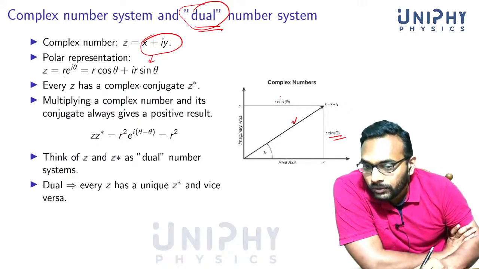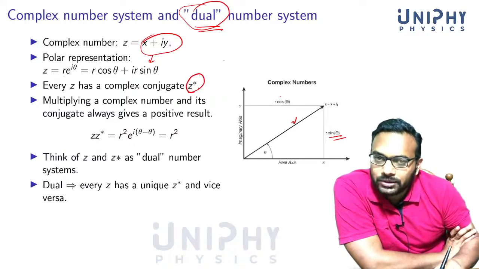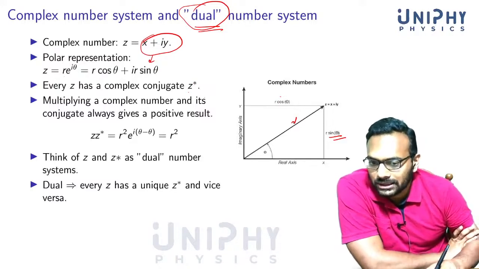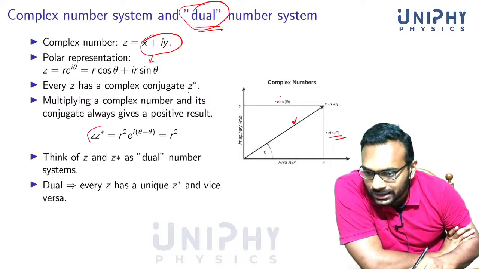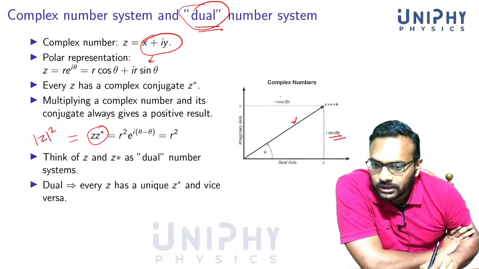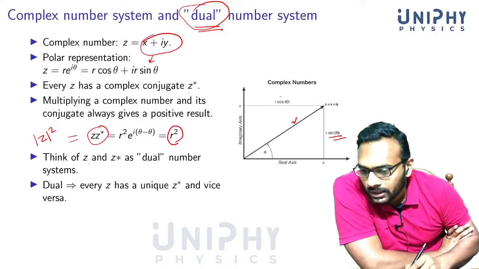Now every complex number z has a complex conjugate that we usually denote by z star. Multiplying a complex number and its complex conjugate gives what we call the modulus of z squared, a positive result, r squared.